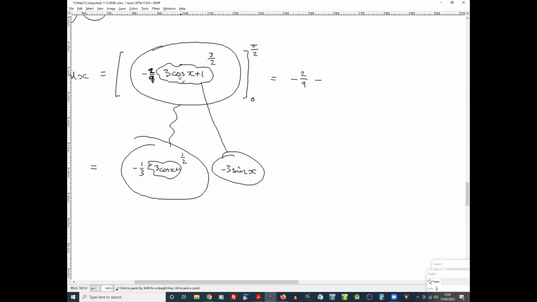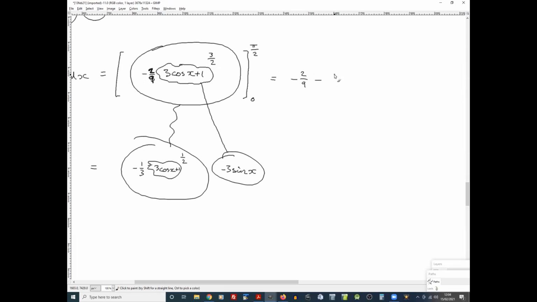Well, if x is 0, cos x is 1. Times 3 is 3, plus 1 is 4 to the power of 3/2, which would be, let me think, 2 cubed is 8. Good.